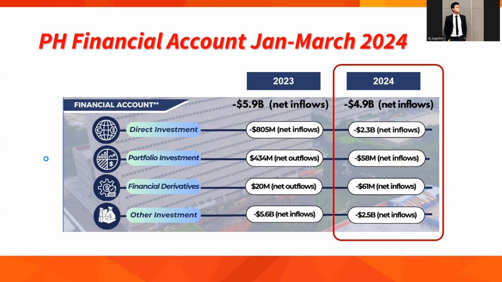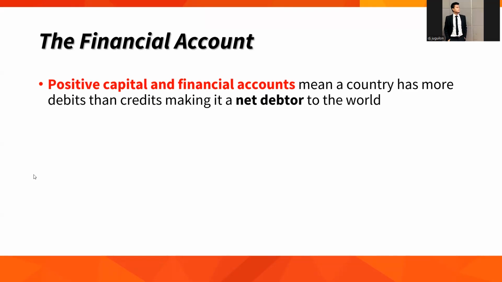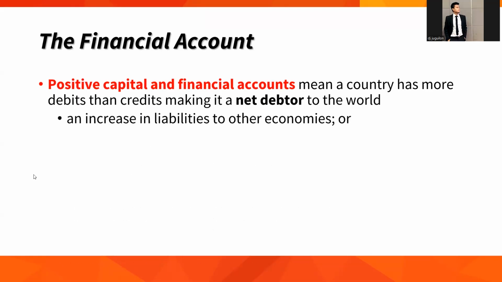And overall, for our financial account, we have a negative 4.9 billion net inflows, though it is much lower again than the previous year. So take note of this. If the capital and financial account is positive, it means that the country has more debits than credits, making it a net debtor to the world, which means that there is an increase in liabilities to other economies or a reduction of claims in other countries.